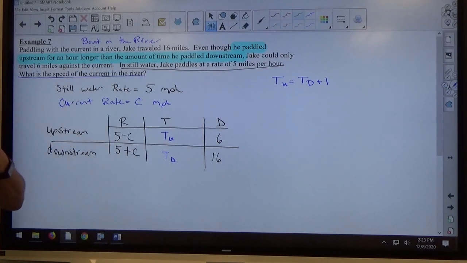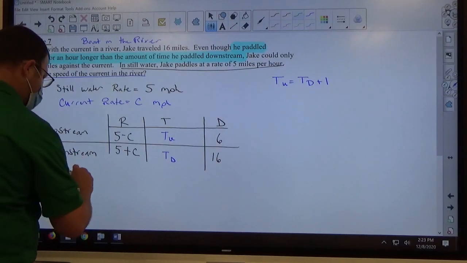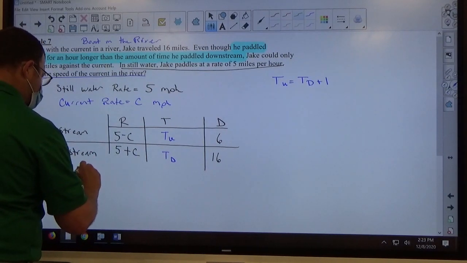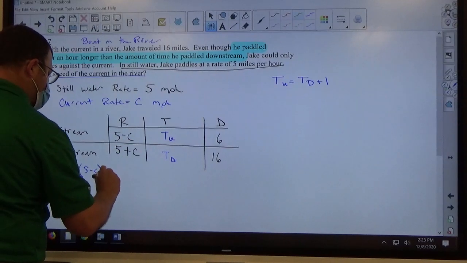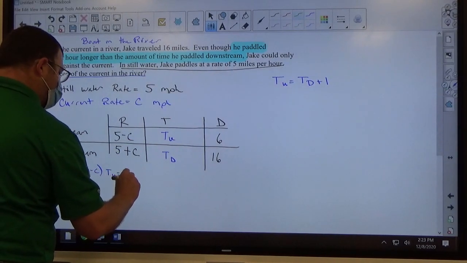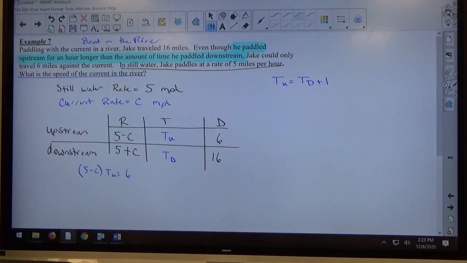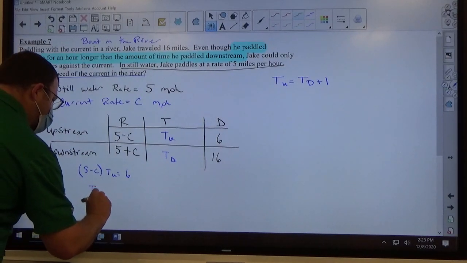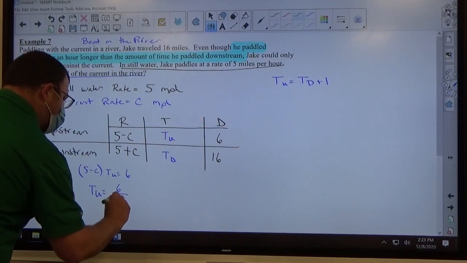Using my basic rate times time equals distance idea, his upstream rate, which is 5 minus c, times his upstream time, which we don't know, is equal to his upstream distance of 6. So his upstream time equals 6 over 5 minus c.